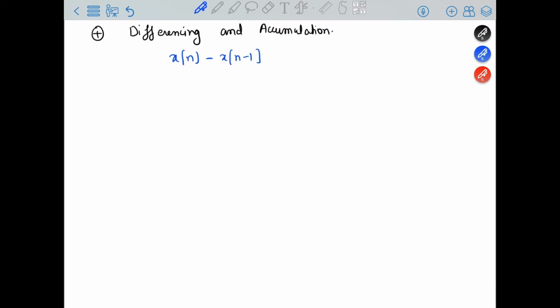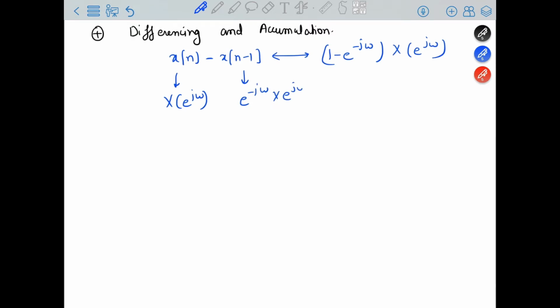This is called the first difference. It will have a Fourier transform of (1 minus e raised to the power minus jω) X(e^{jω}), and you can directly derive this from the time shifting property, because the Fourier transform of x[n] is X(e^{jω}), and for x[n minus 1] it will be e raised to the power minus jω X(e^{jω}), and when we solve we will get this part.